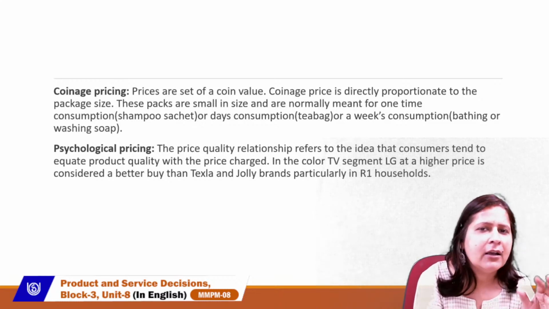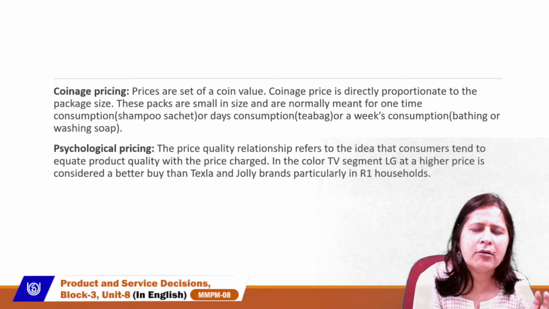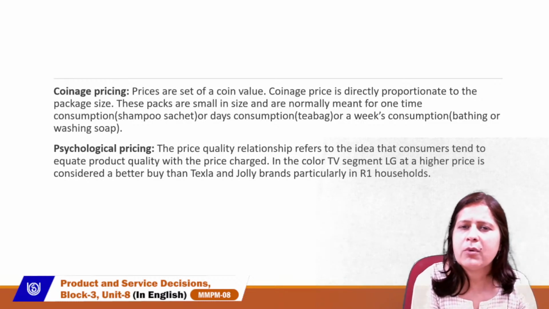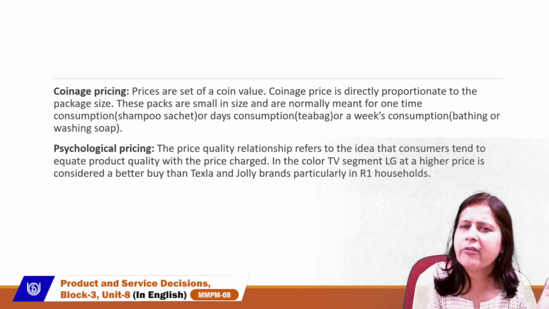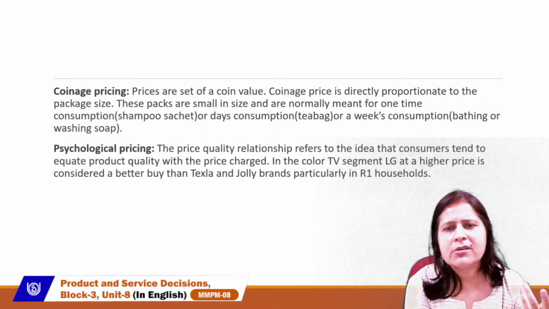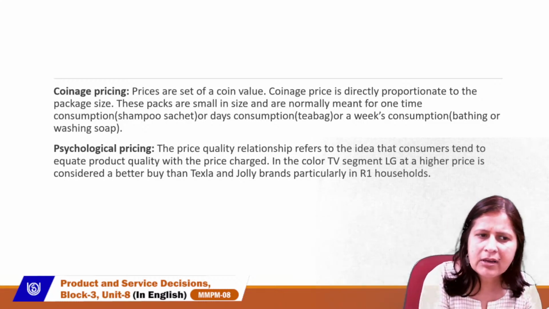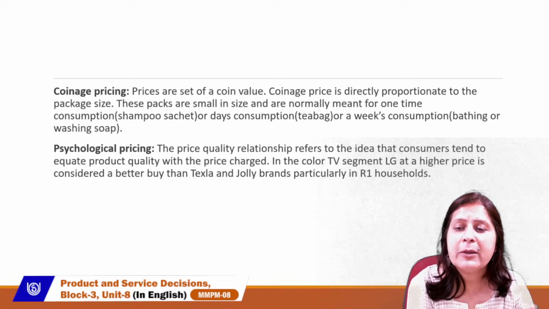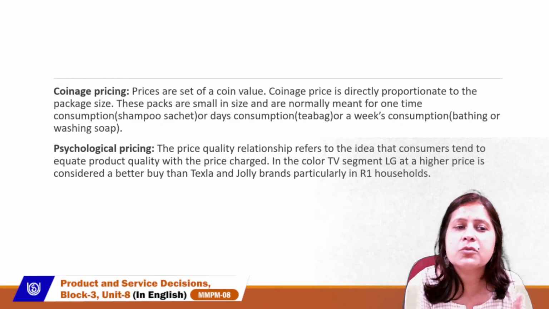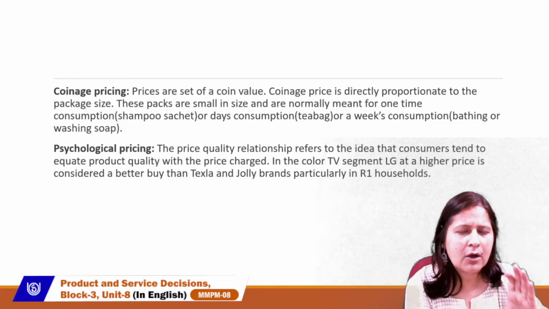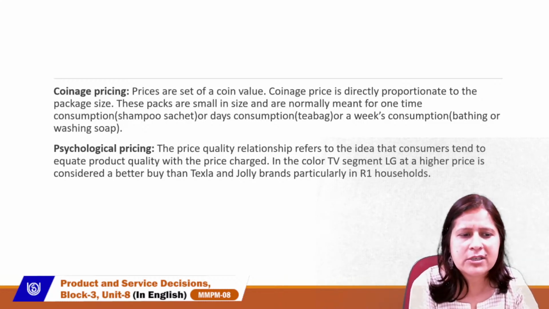A shampoo sachet will cost around 2 or 7 rupees, while a bottle of 100 grams will cost around 200, 250 or more rupees. So the coinage price is directly proportionate to the packaging size, depending on the quantity you want.